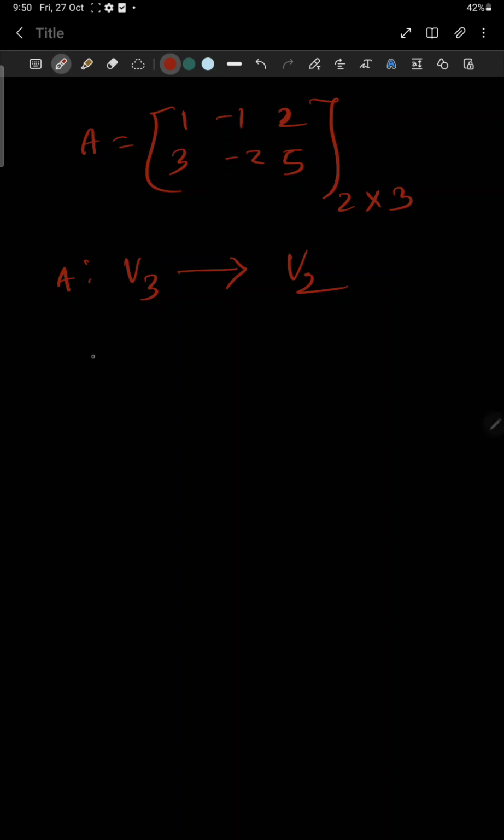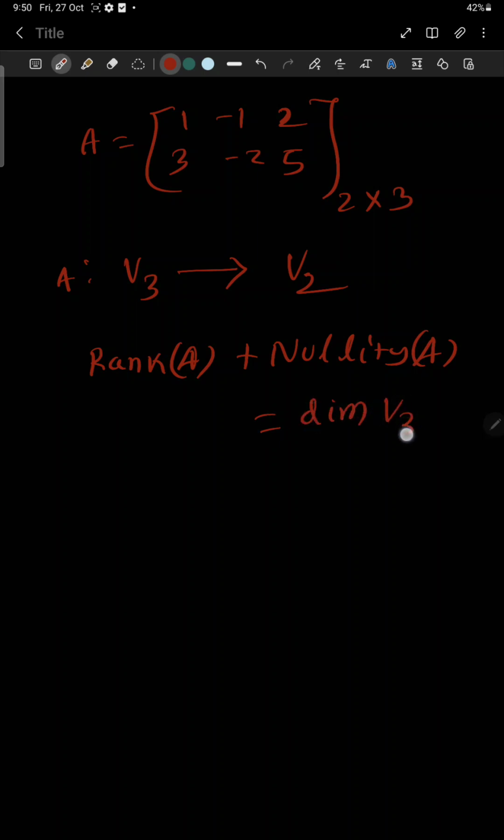we know from the rank nullity theorem that rank of A plus nullity of A equals the dimension of the domain space, meaning the dimension of V3, which is equal to 3. So we get rank plus nullity equal to 3.